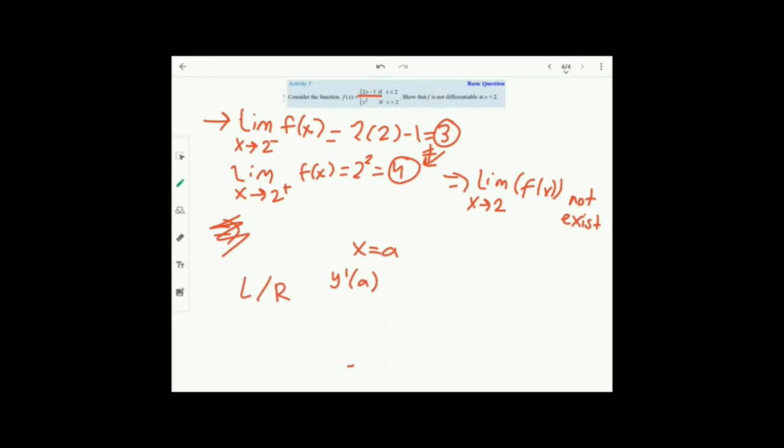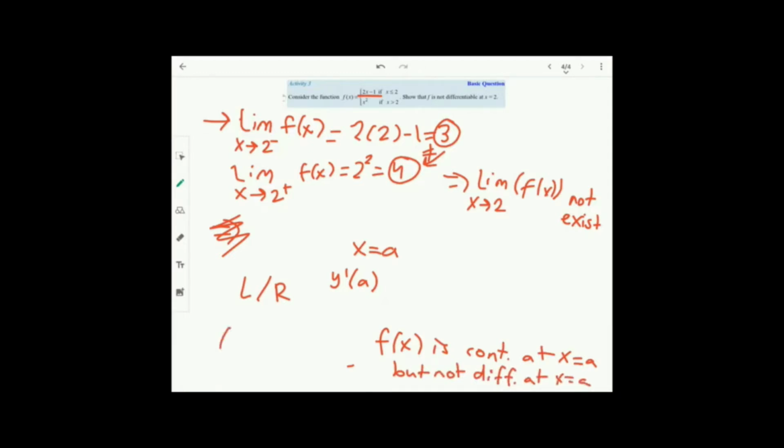And a corner point is when the point itself is continuous but not differentiable. So f of x is continuous at x equals a but not differentiable at x equals a.